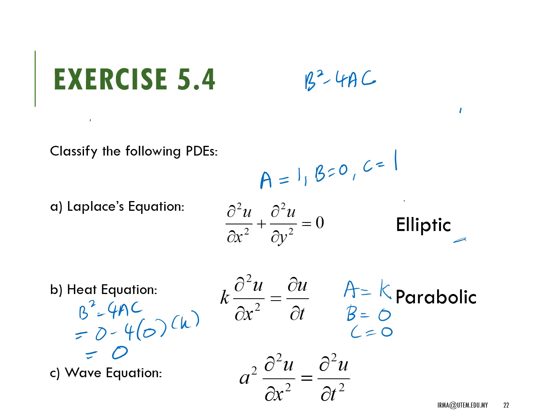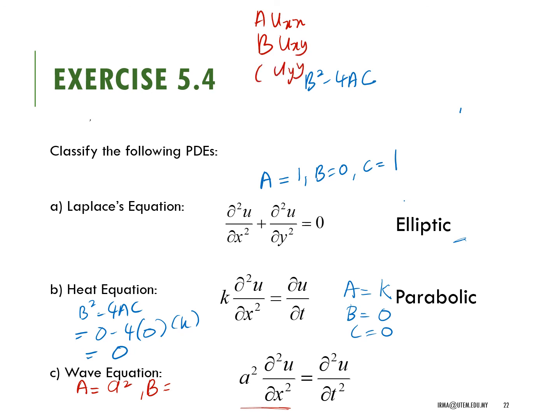The last exercise: we have the wave equation a² ∂²u/∂x² = ∂²u/∂t². You need to extract all the values of a, b, c. From here, A equals a². Before, A was the coefficient of uxx, B of uxy, and C of uyy.